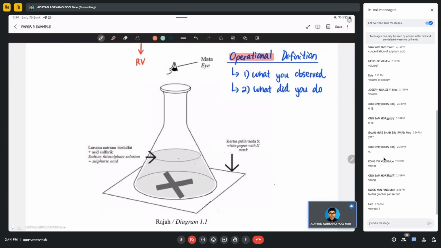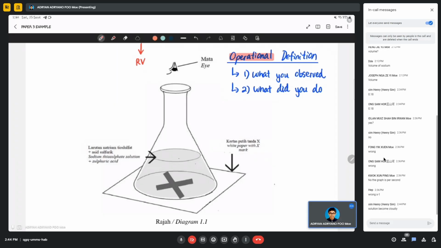Okay, example, this experiment. I want you all to tell me what you observe. Solution become cloudy. Okay, you must relate it to your responding variable. This is another tip: for an operational definition, you can relate to the responding variable and the manipulated variable.